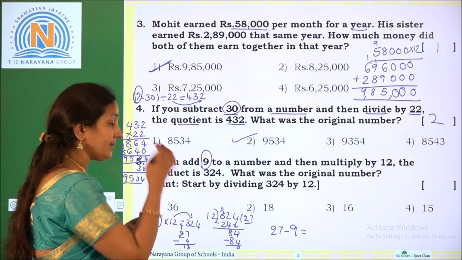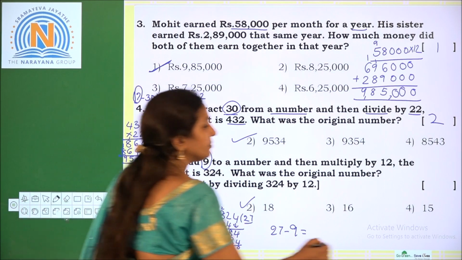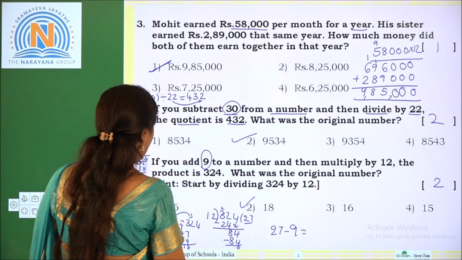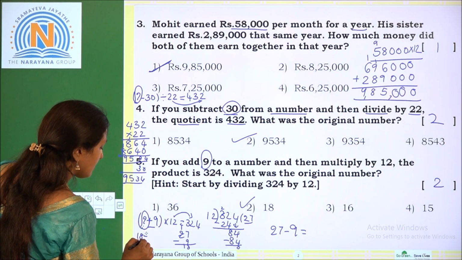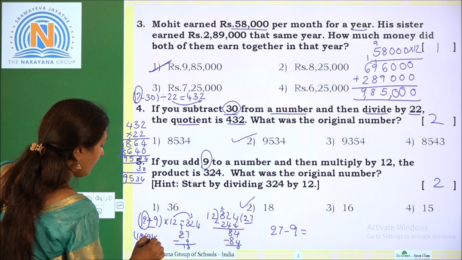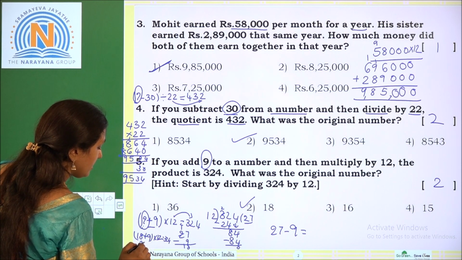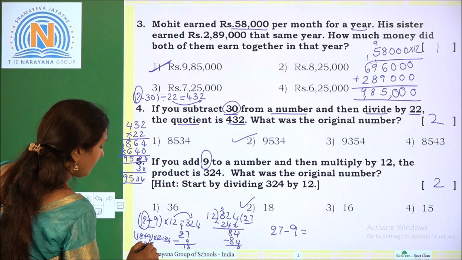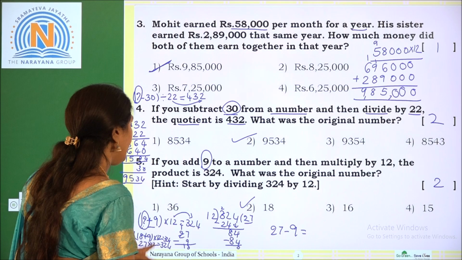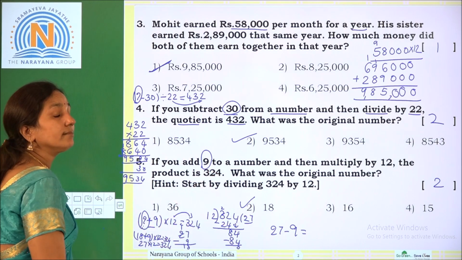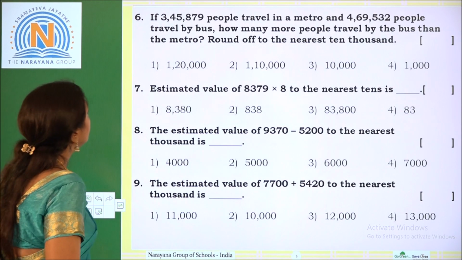The original number is 18. So the required option is 2. So 18 plus 9 is 27, into 12 will get 324. You can check it once again. The original number is 18. Option is 2. Next one.